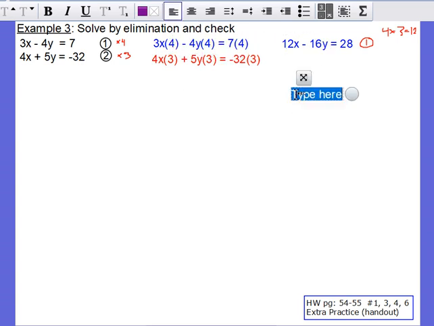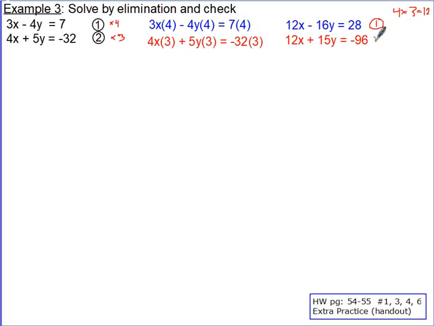So our new and improved equation 2 is going to look like this: 12x, because 4x times 3 is 12x, plus 5y times 3, 15y, equals negative 32 times 3, negative 96. Great. So this is our new and improved equation 2.